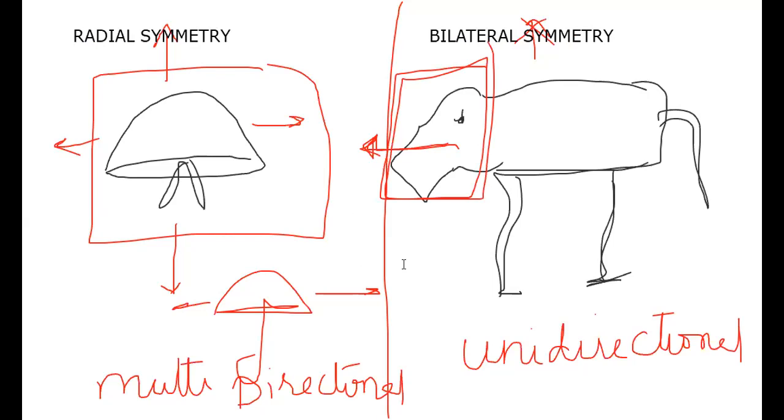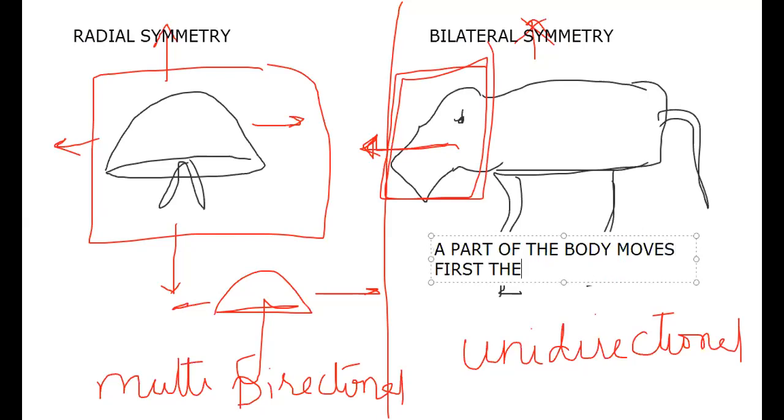In unidirectional movement, a part of the body moves first, then the remaining body follows. That is what I showed in the box. This is the part of the body that moves first and the remaining body follows.